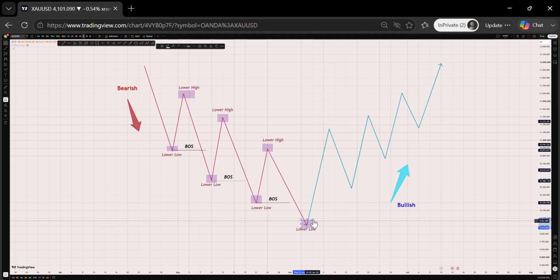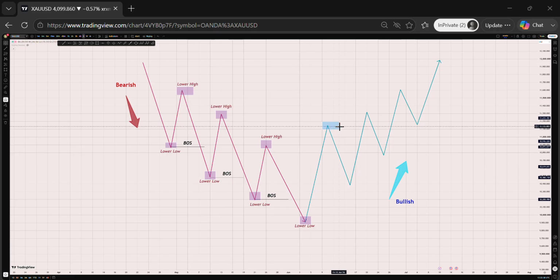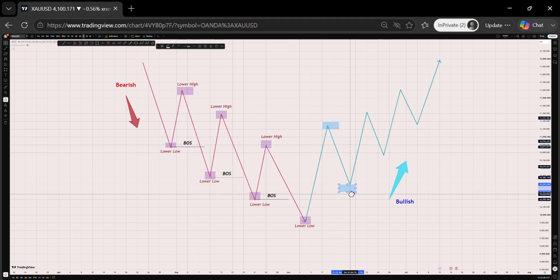It pushed up to create a lower high. However, it pushed up and finally found resistance at this point right here, before taking a breather and finding support in this region over here.